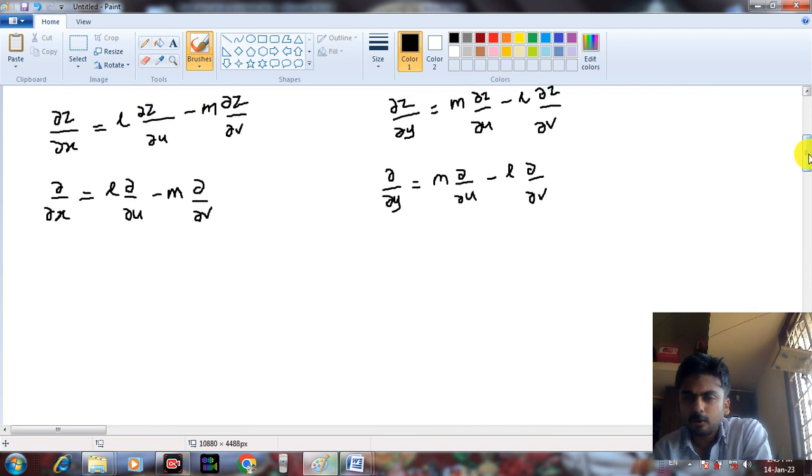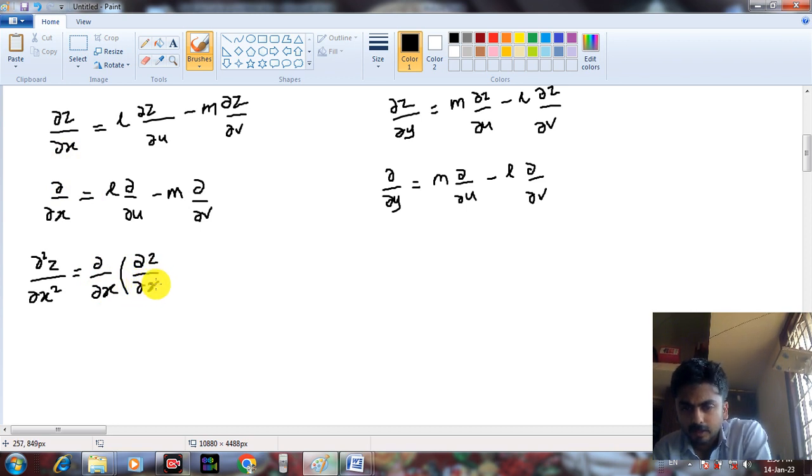So now I'm going to find the value of the second order partial derivative of z with respect to x, that is ∂²z/∂x², which is nothing but ∂/∂x of ∂/∂x of ∂z/∂x. That's why I have found these two, ∂z/∂x.